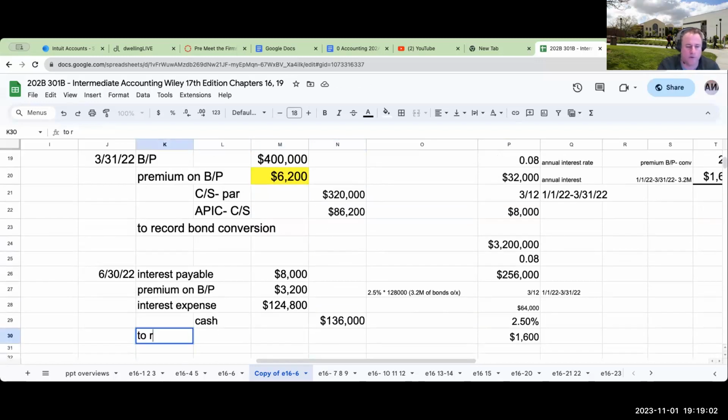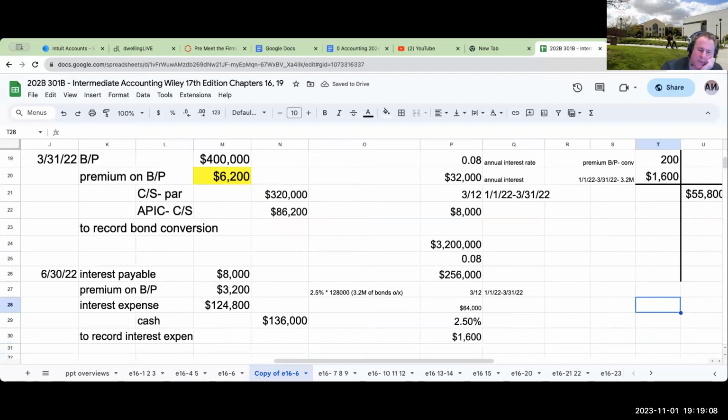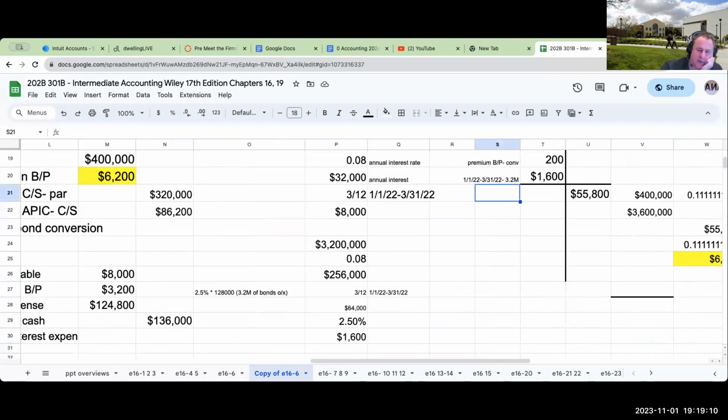So this is to record interest expense. The way I would check my work to make sure that it was correct for the remaining amount of time: on 6/30/22, I amortize this for another 1,600 because I already have this up here.